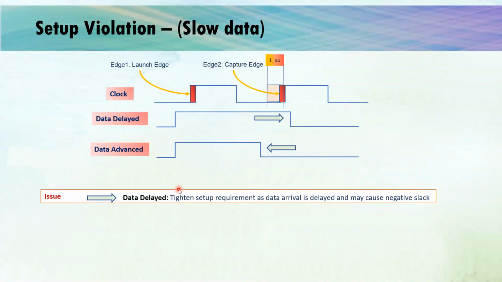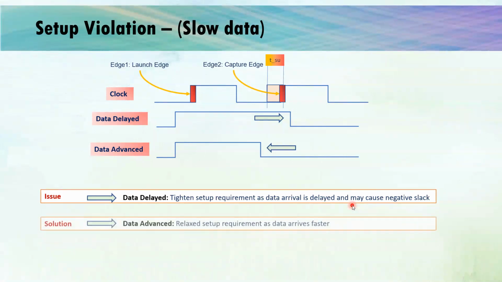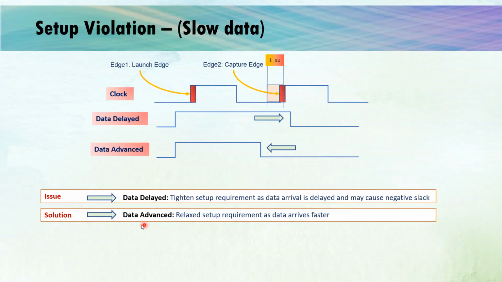The issue here was that when the data got delayed, it tightened the setup requirement, as data arrival at that particular flop is delayed, which may cause some negative slack. If we can advance the data, that will relax the setup requirement as data will arrive faster. We'll see how we can do it in the further slides.